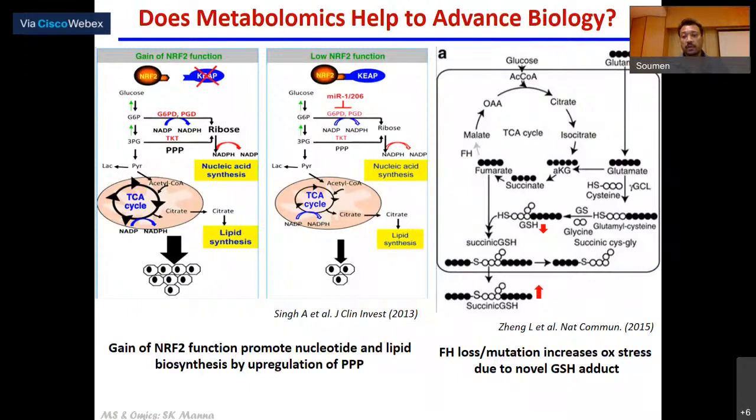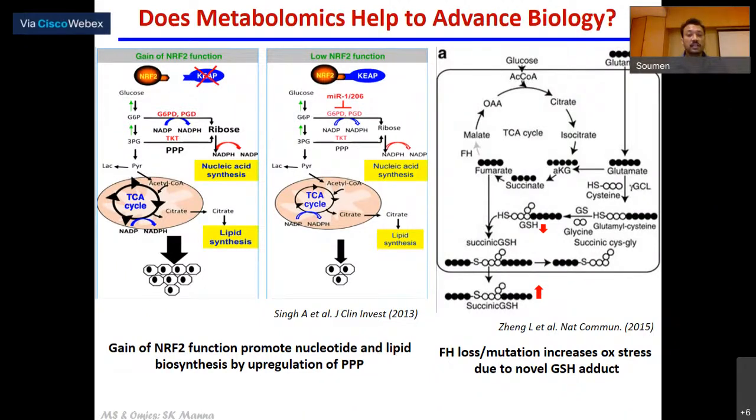Here is one example we already discussed yesterday, the production of succinyl in case of tumors. And on the left-hand side, we can see the constitutive activation of NRF2, gain of function of NRF2, which is often observed in many aggressive types of cancers. NRF2 in general is known to be a protective gene, a good gene that we need to fight off oxidative stress.